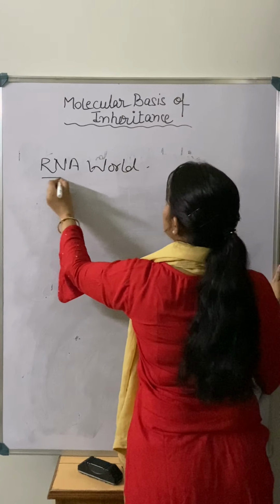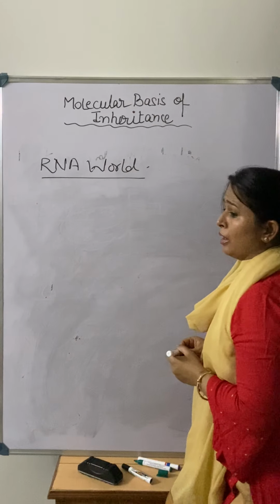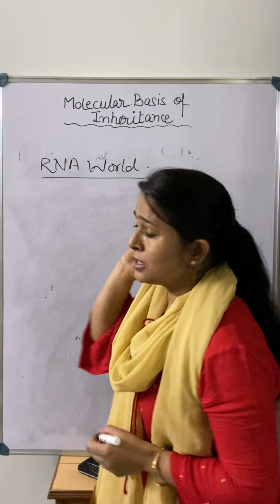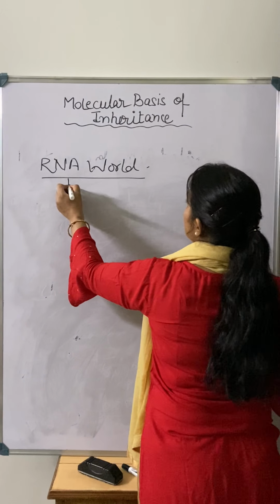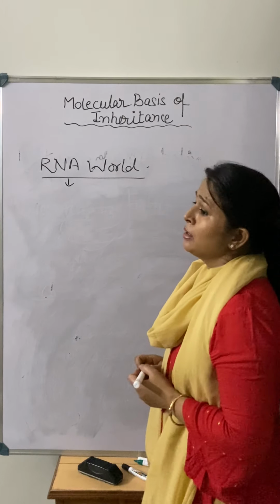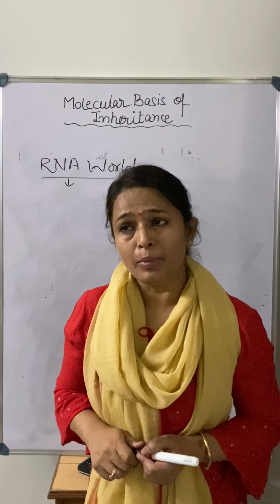RNA, so what is that? You know very well. Nowadays we say DNA is the main genetic material, but in some organisms RNA is also present in the cell, so RNA is basically a genetic material.